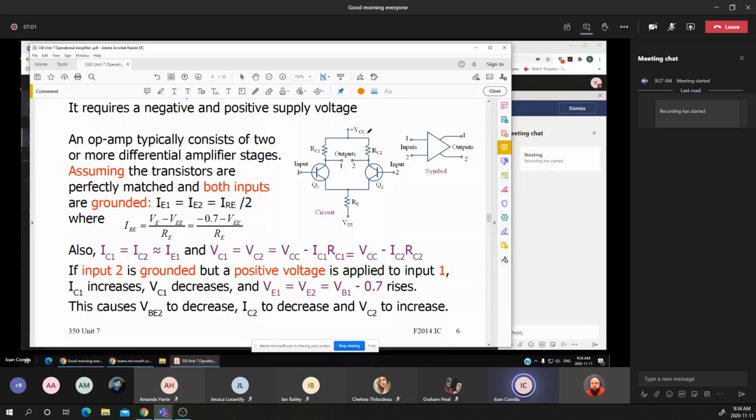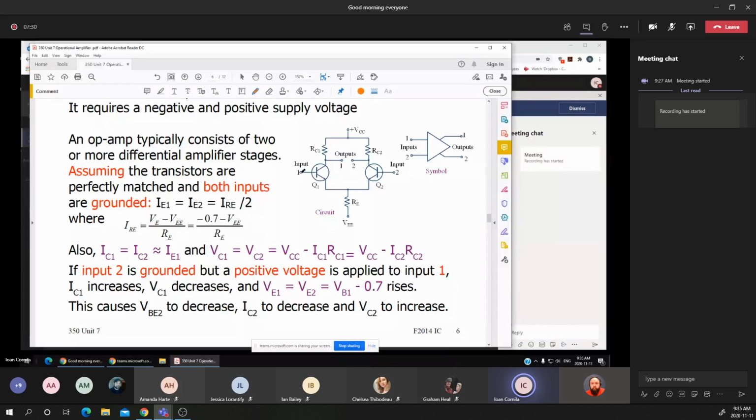The other voltage source supplied to the circuit is a positive voltage source, VCC. With identical transistors, the two emitter currents, or the two collector currents, are equal, and at the same time the two output voltages, VC1 and VC2, are equal.